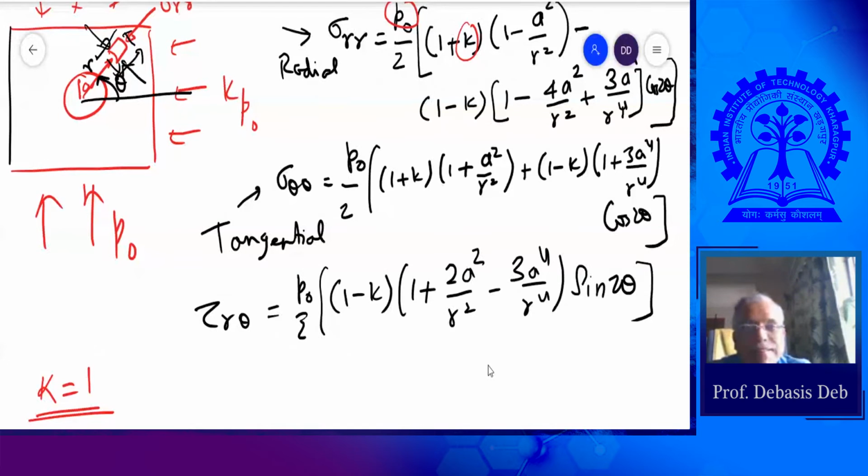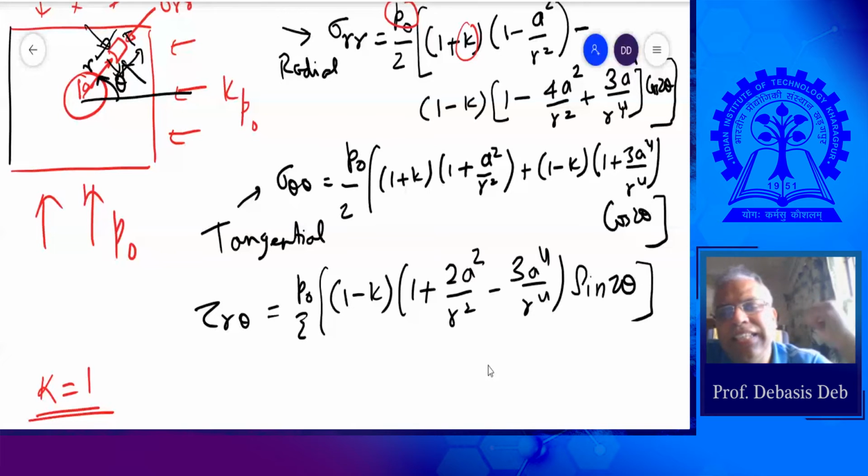Shear stress will be 0. Shear stress is not there. Great. Anything else? The 1 minus K term goes away. That means this is no longer theta dependent. All theta terms are gone the moment K equals to 1. So there is no theta dependency if K equals to 1.